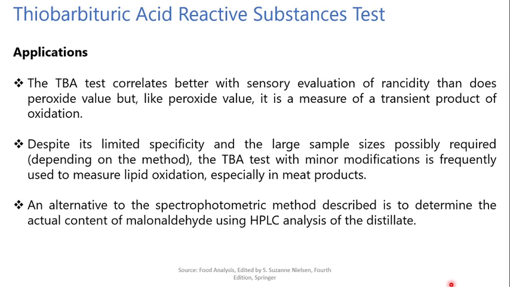An alternative to the spectrophotometric method described is to determine the actual content of malonaldehyde using HPLC analysis of the distillate. Okay, so this is all about the thiobarbituric acid reactive substance test, and this is all about our lecture. Thank you.